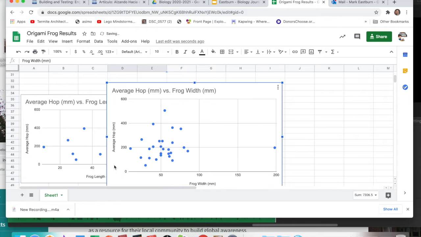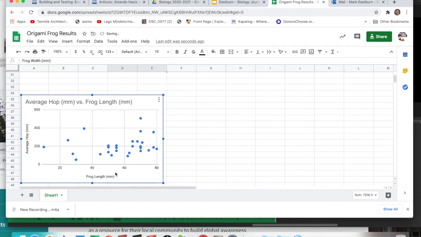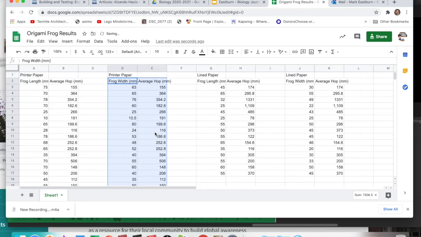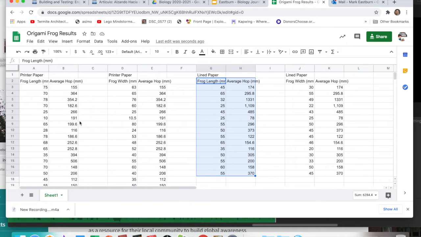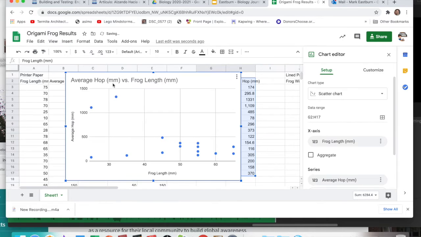I'll get rid of these because I'm not exactly remembering what those charts were. So I have line paper, frog length. I make a graph of it. Now this is stuff that we already did, but it shouldn't be too much of a challenge. There we go.